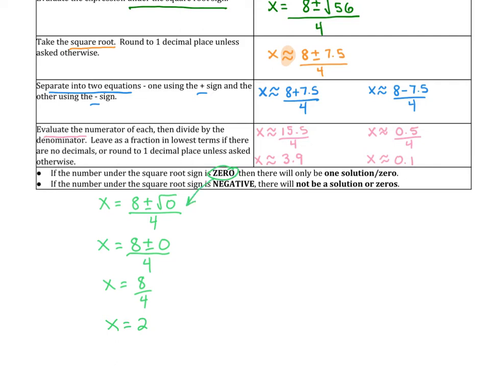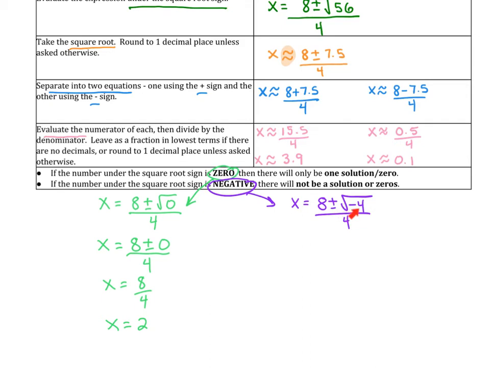So that's what happens if it's 0. Now, the other case could be that the number under the square root sign is negative. So you could get a case like this where x is equal to 8 plus or minus the square root of negative 4. Now, you may be able to take the square root of 4, but you cannot take the square root of negative 4.